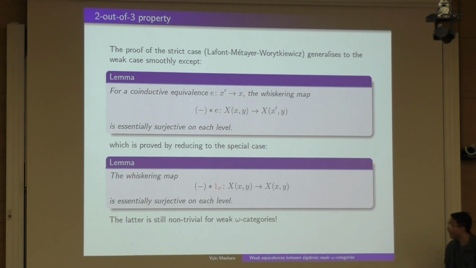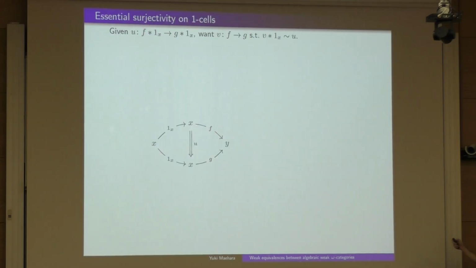So let me show you, at least in the next dimension up, exactly what this statement is saying. What does it mean for the whiskering with the identity to be essentially surjective on one cells?